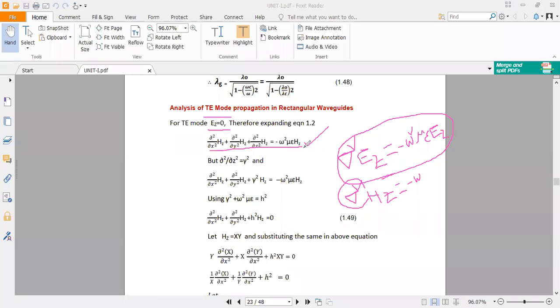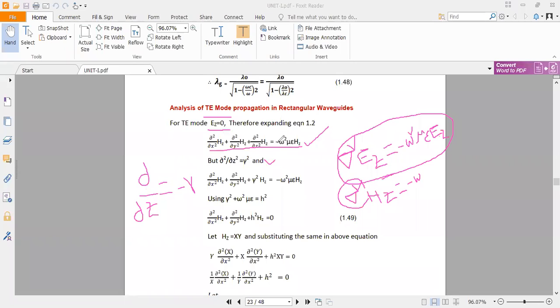We know that since the wave is propagating in the z direction, dou by dou z is equal to minus gamma. So dou square by dou z square obviously becomes gamma square.